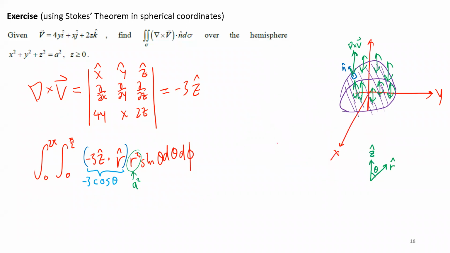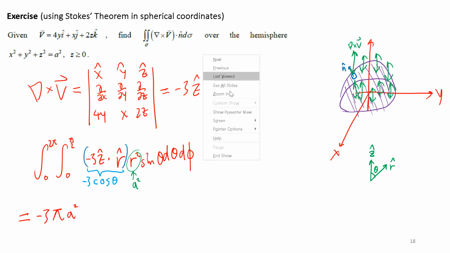If you go ahead and do this integral, it's very similar to what we have done already. So this is the flux of this curl V through this hemisphere surface. But remember, by Stokes theorem, there's another way to do it.